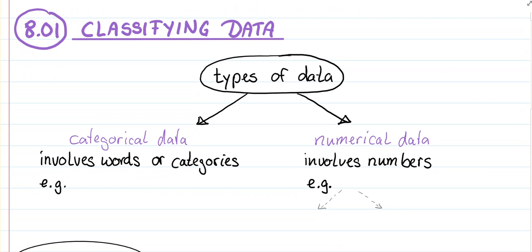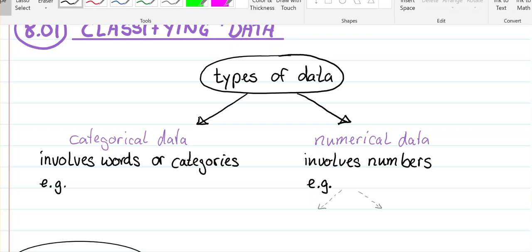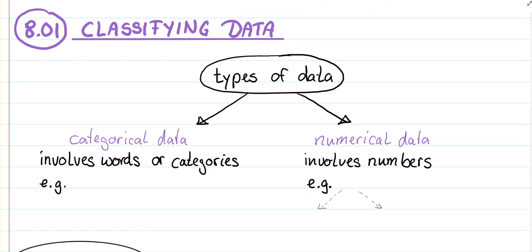Let's write down an example for categorical data. Could be the favorite ice cream flavor. And the answer for that could vary, or if you ask such a question, aiming at collecting categorical data, you could also give some categories.